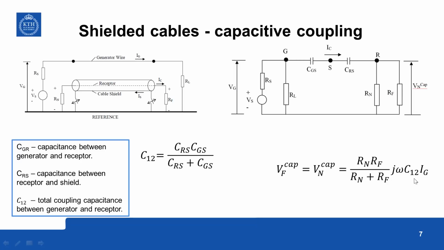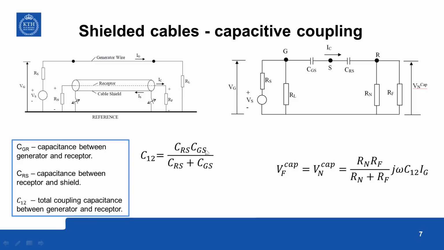You can write it like this, where C12 is given by this. So it is the total coupling capacitance between generator and receptor. Now CRS, between the receptor and shield, is a much larger capacitor than this one. So often we are able to neglect this and keep only this one, CGS.